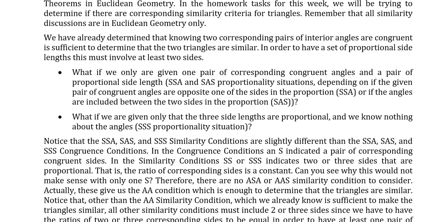You can't have a pair of sides proportional to any; there's nothing to be equal to. It's just one fraction. You have to have two fractions to make them equal. Therefore, there's no corresponding ASA or AAS similarity condition to consider. And actually, these would give us the AA condition anyway, which is really enough to determine the triangles are similar.